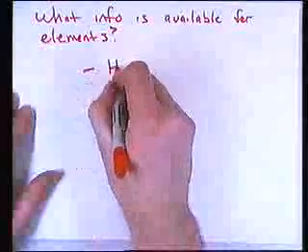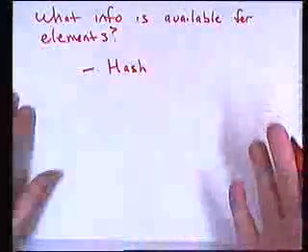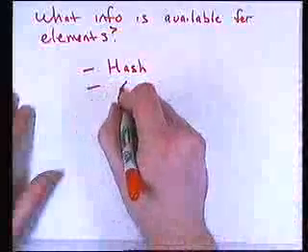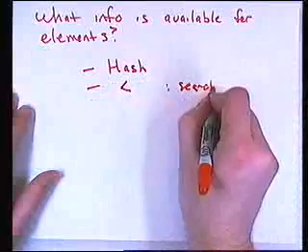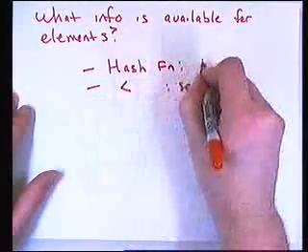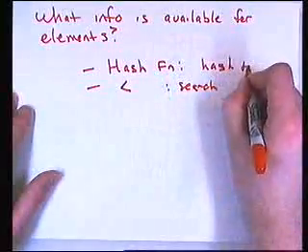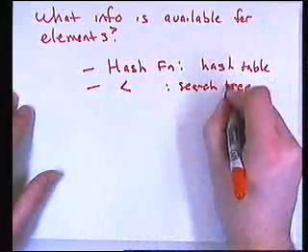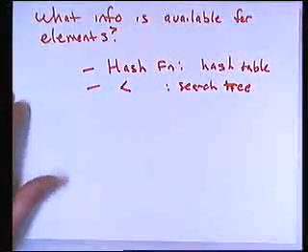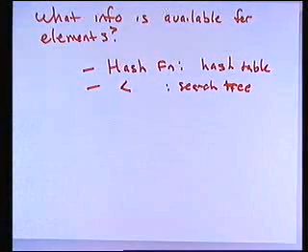If we have a hash function available, for example, we could use hashing, a hash table. If we have the less than operator available, we could use, among other things, a search tree, perhaps a skip list as well. So depending on the info that's available, we might have different possibilities for looking up a value.